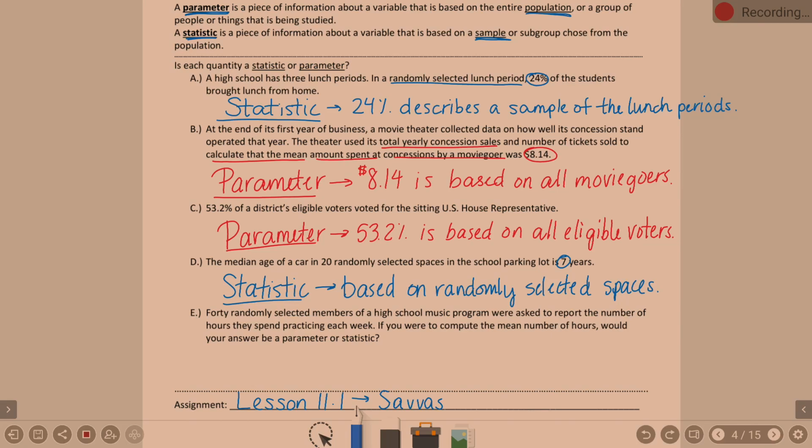So, statistic. Randomly selected members.